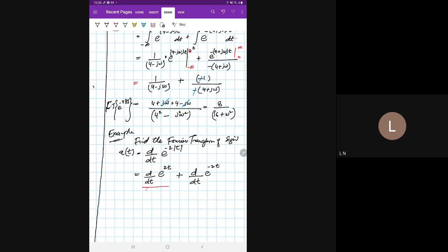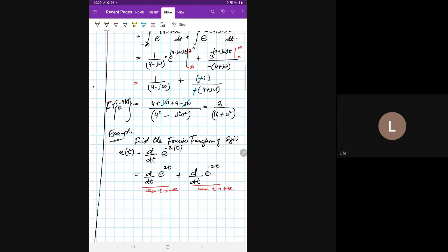So this is when t is negative, okay? And this is when t is positive. T is having positive value. So it can be composed of two terms, when one is with t having negative value, another one is with t having positive value.